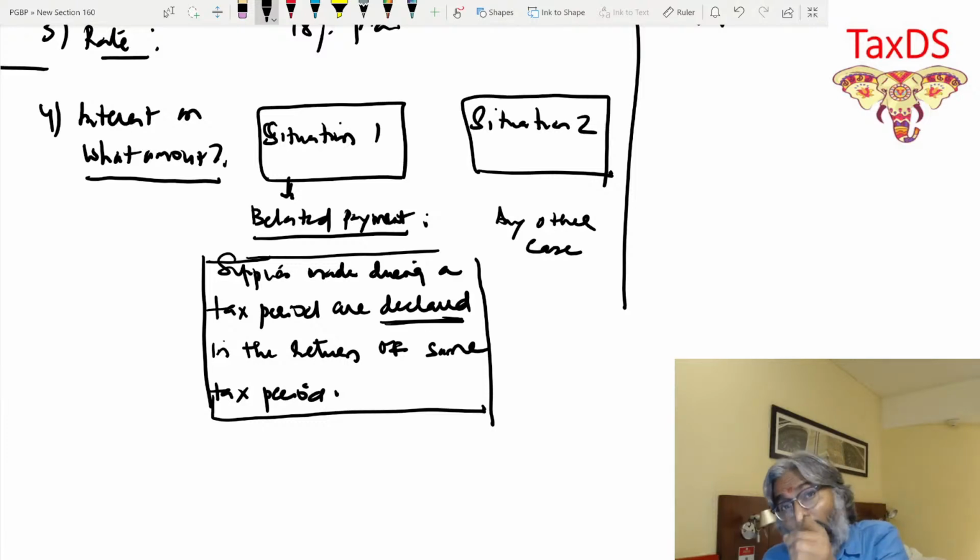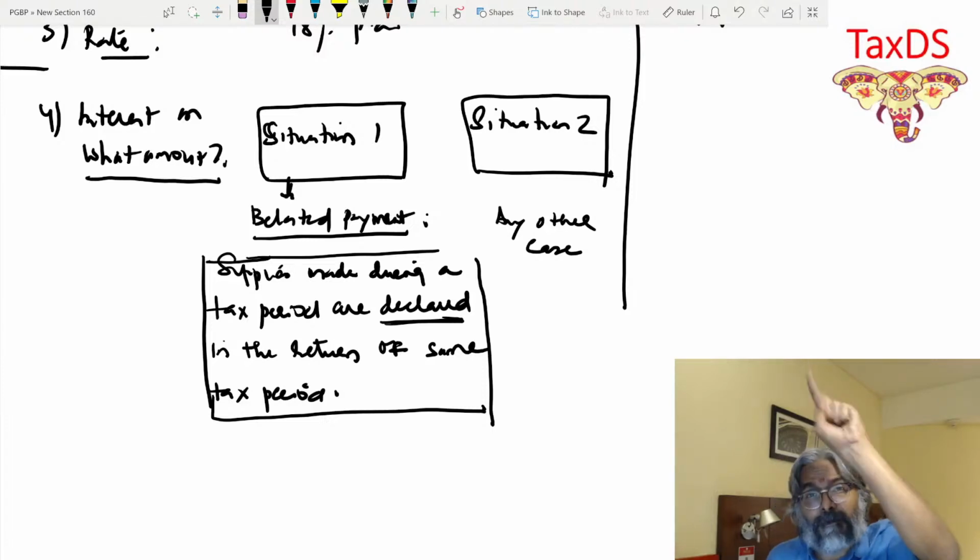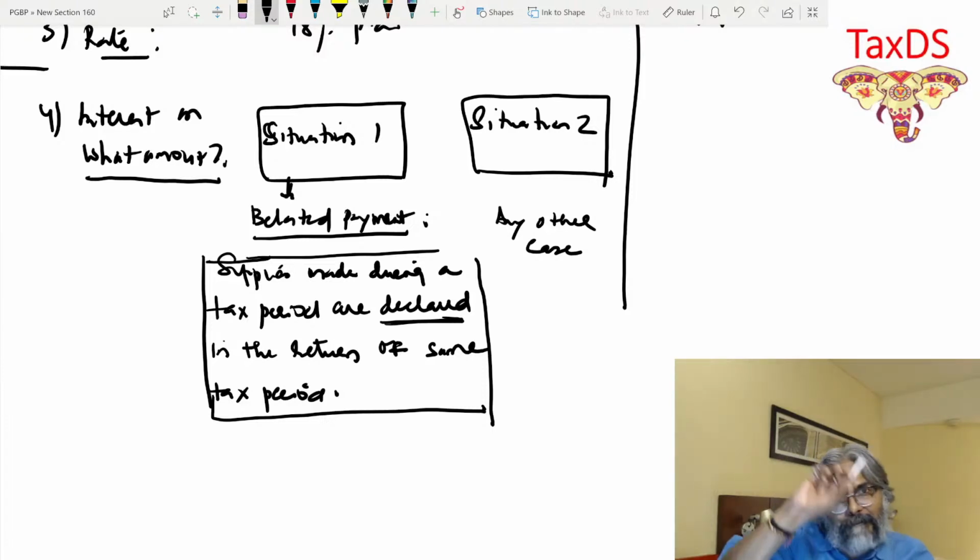But in that August 20th return, we are also capturing one supply of the February month. For that particular supply, the delay that has happened in making the payment of GST will go under the second case. I hope every one of you is clear with this.